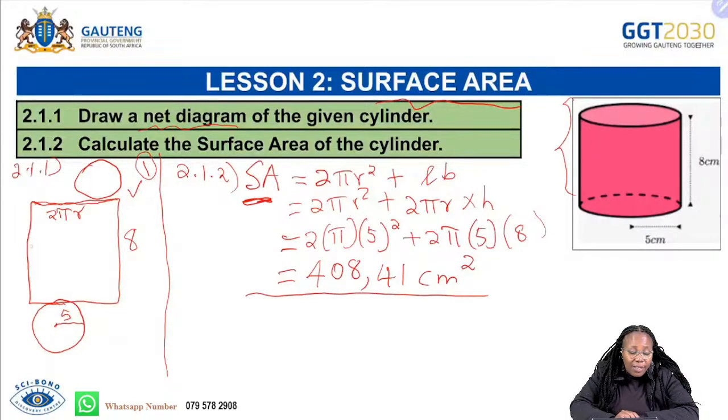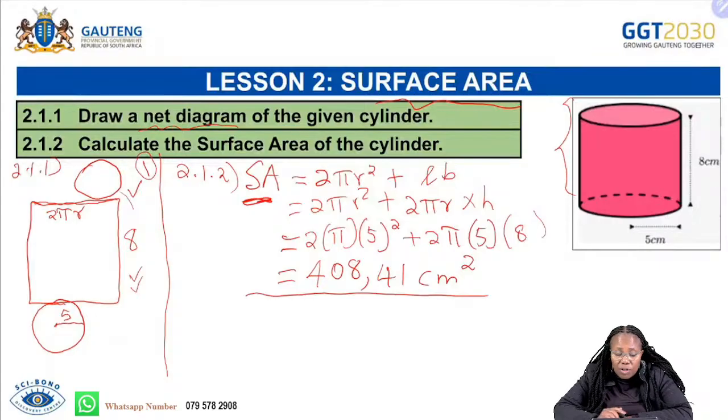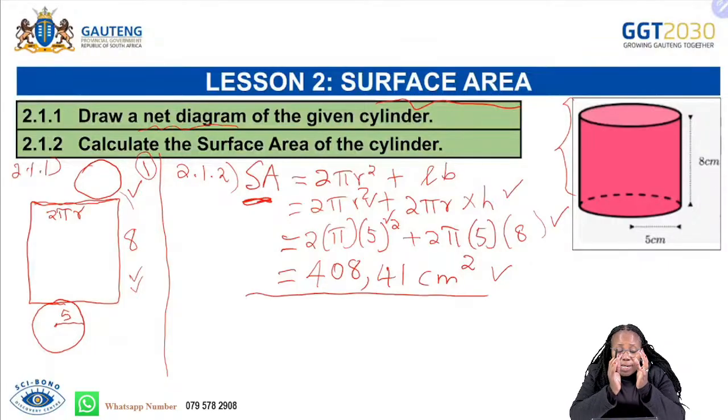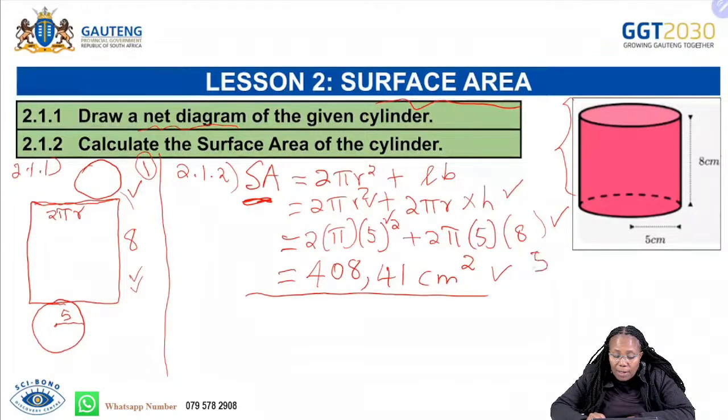Remember, we have cut this into a flat surface like that. So the first mark is for the correct formula, secondly for substitution, and the final answer there. And then you can have a mark for each shape there, for the 2 circles, and then for the rectangular part of your shape. And this will be worth 5 marks, grade 12.